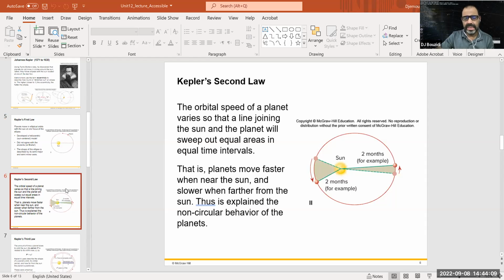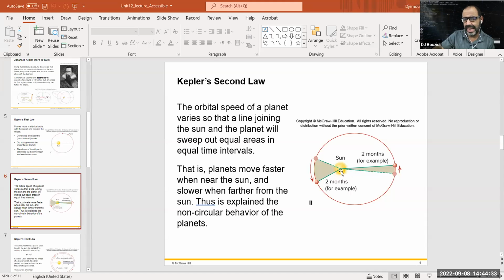Anyway, the second law of Kepler states that the planets, as they orbit the sun, sweep equal areas in equal amounts of time. Let me give you an example. Let's say, for example, this span of time is 2 months.